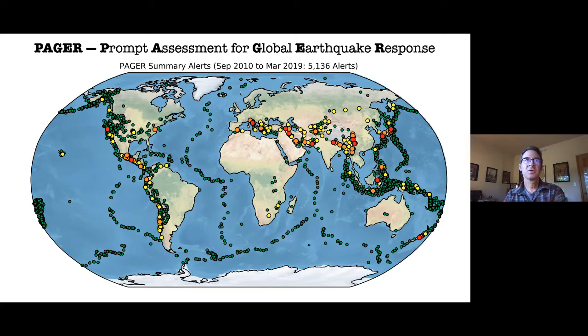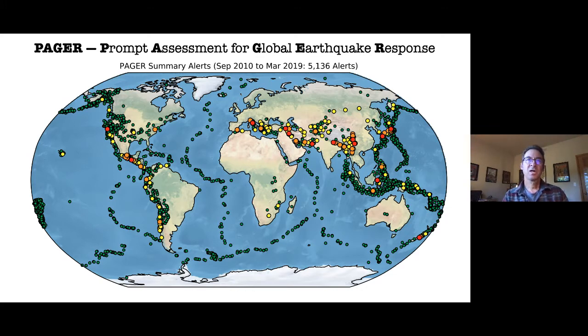And these are done with what we call the PAGER system, which is the Prompt Assessment of Global Earthquakes for Response. We're going to talk more about this, but effectively, we really need to know, and our users need to know, if an earthquake of magnitude 5, 6, 7 is of significance, and that's a determination of whether it's in a populated area and whether that area is vulnerable to damage from earthquakes.